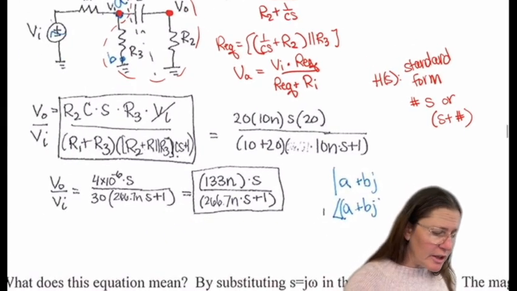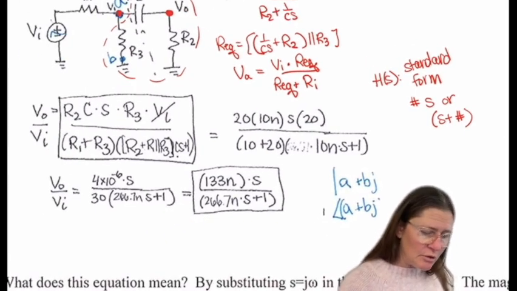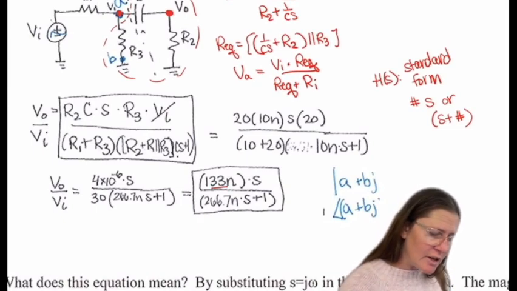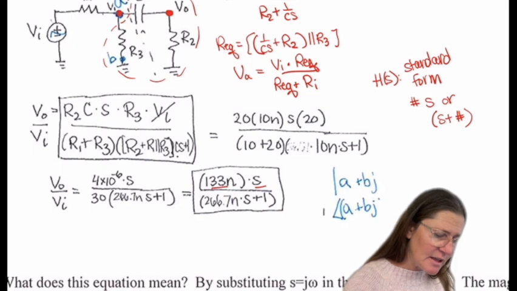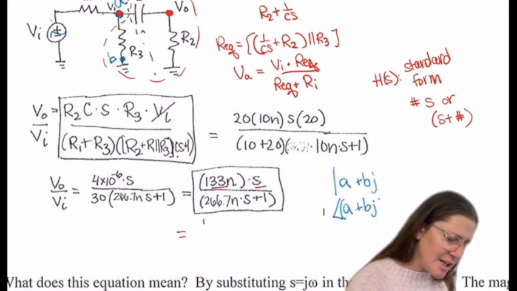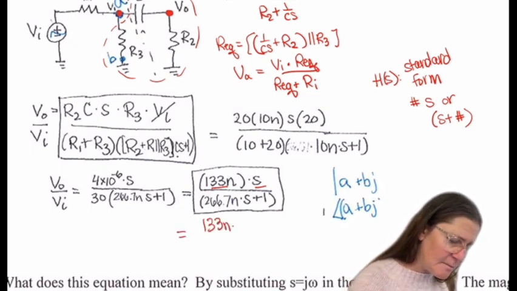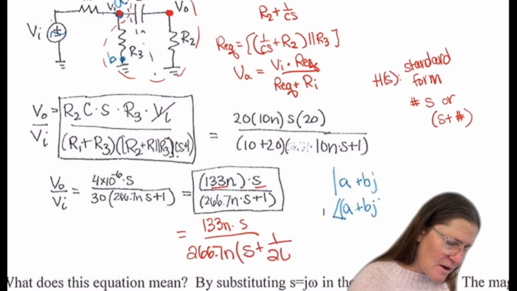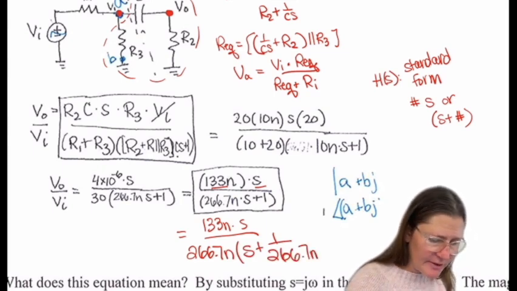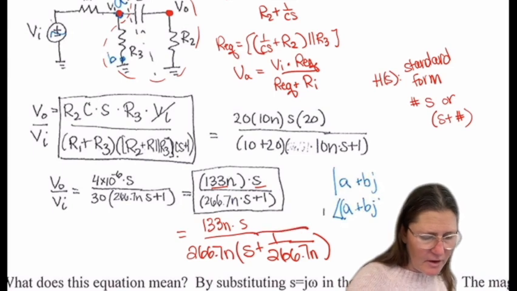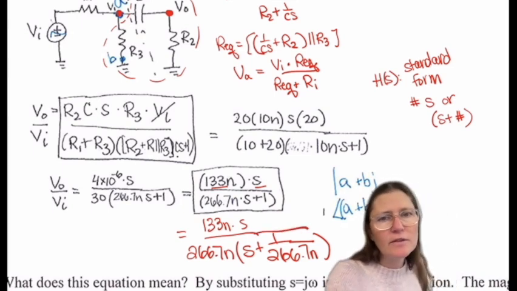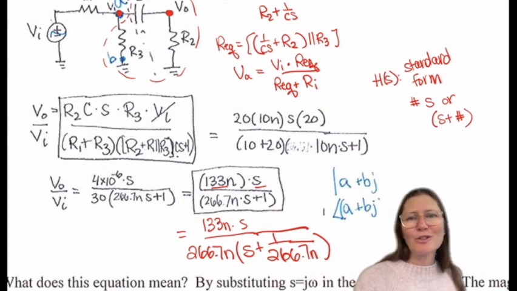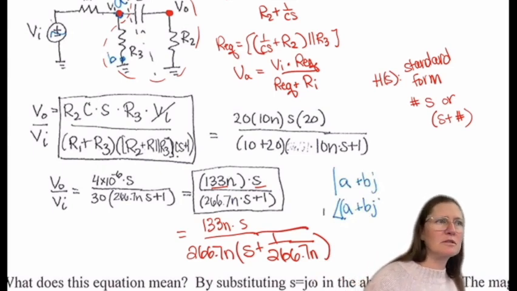Looking at this and getting it down, I have a number times S, and then I can get this into standard form by just dividing out the 266.7 nano, taking that out of the parentheses and dividing the 1. Do convince yourself that those are the same expressions.